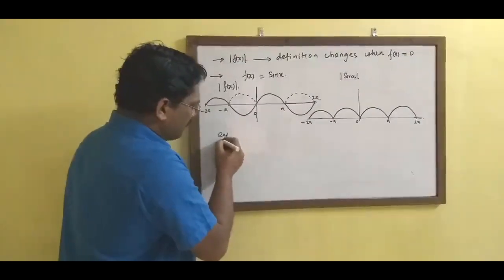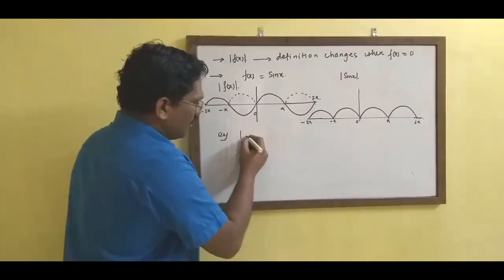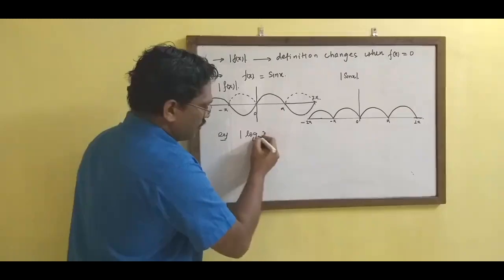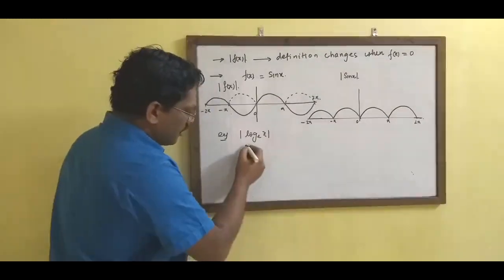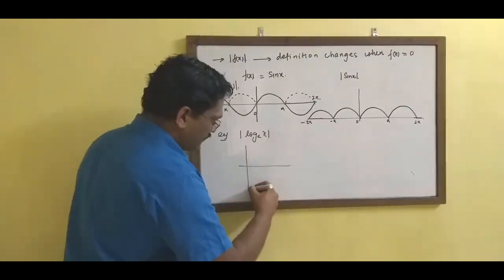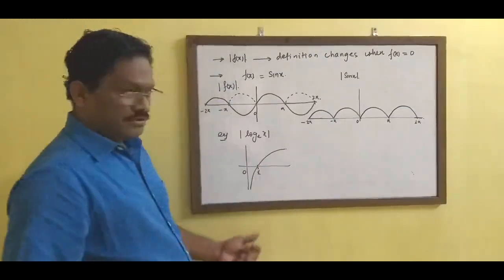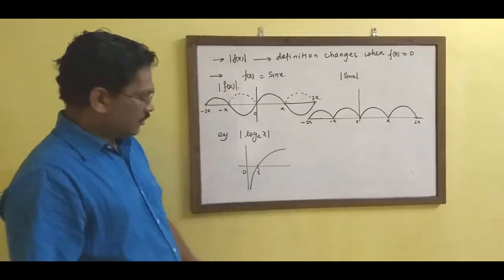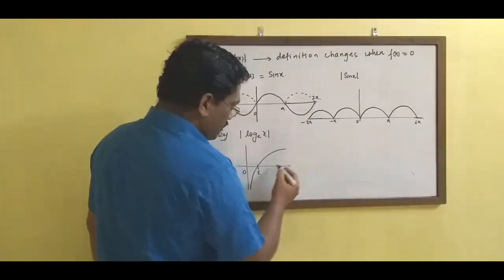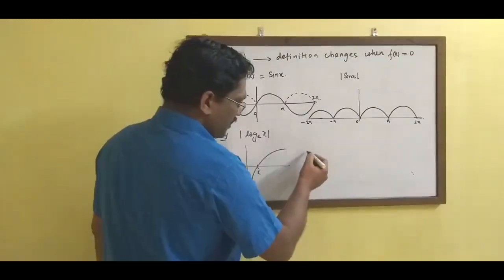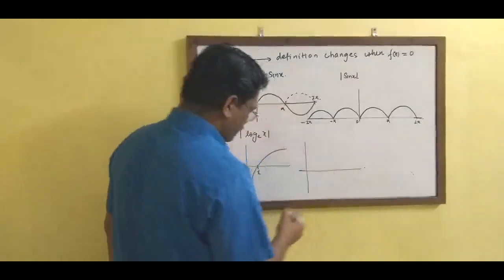I'll take another example also. If I want to draw mod log x, then this is how the graph of log x looks. From 0 to 1 it is negative. So what you have to do is take the reflection of this part over the x-axis.